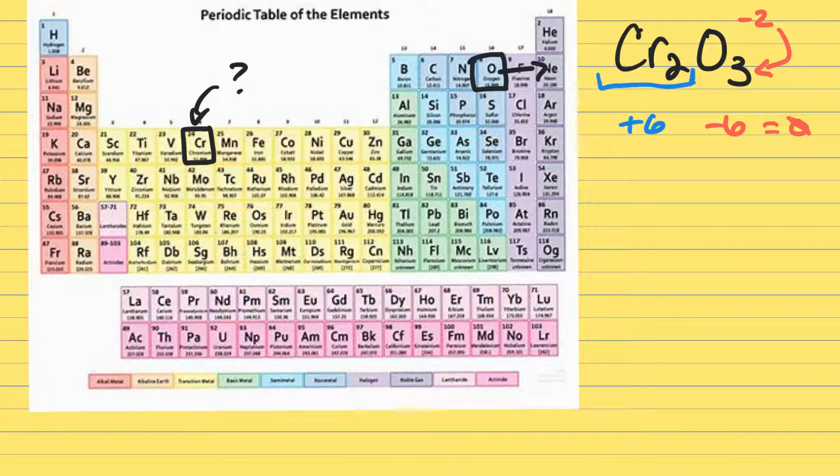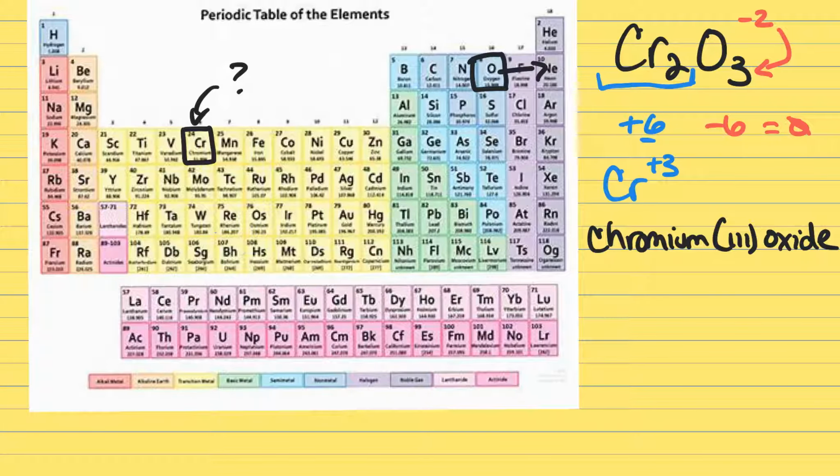Okay, and so now we want to know what's the charge for each chromium, because that's going to be the number that we're going to use for the Roman numeral. If both of them together is a +6, that simply means that each chromium is a +3 charge. Okay, and so when we write this, we'll write chromium 3 oxide.